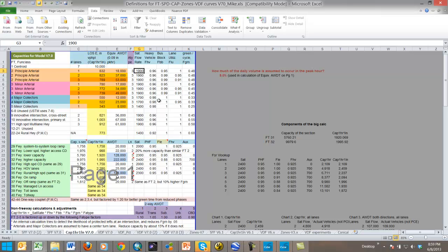But we went through and tried to use the Highway Capacity Manual guidance anyway to estimate the capacity per hour. So here's what the guidance says.